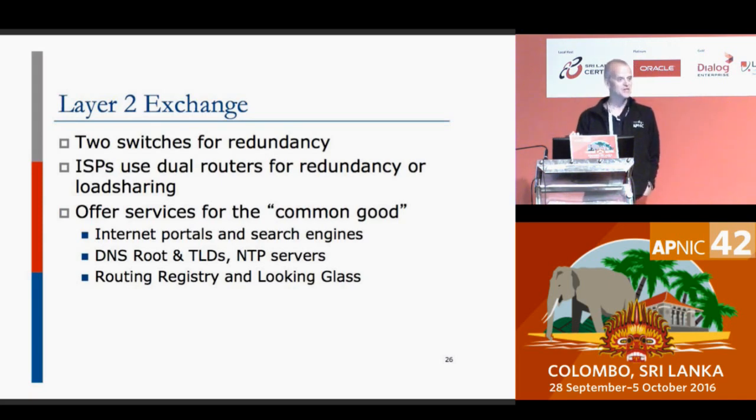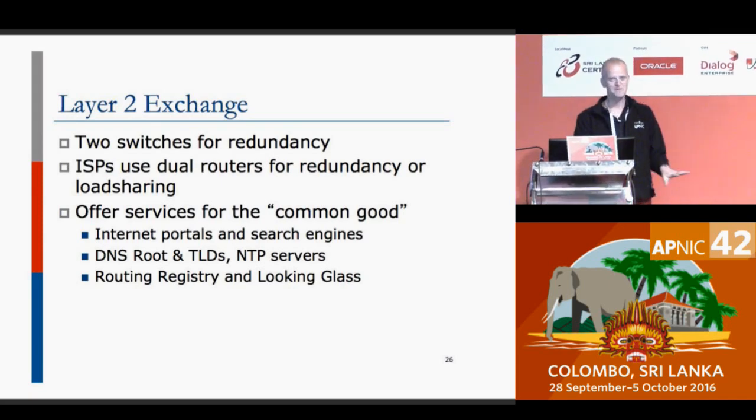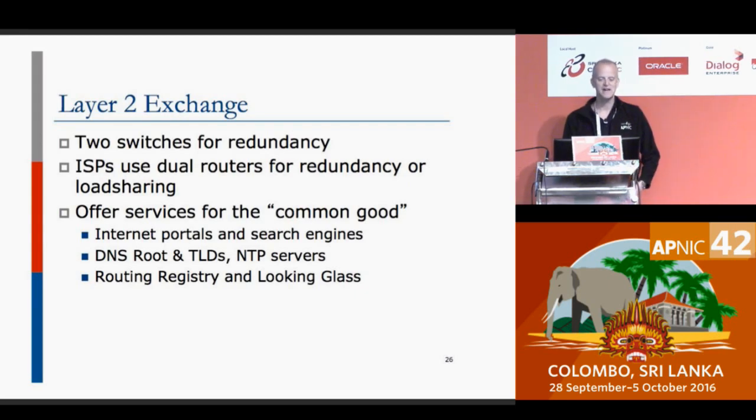Some of them even have atomic clocks. Atomic clock at the bottom of the rack, providing a time synchronization source for the service providers in that region. Routing registry, more unusual, but looking glass is certainly very common. Those are useful services to have provided for the membership.